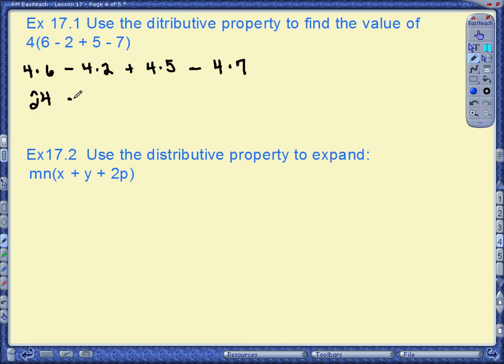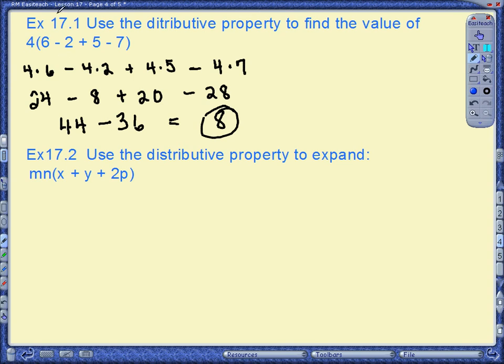So here I have 24 minus 8 plus 20 minus 28. I think I'll add my positive numbers first. 24 and 20 is 44. And my negative numbers next. I'm going to have 36 as a negative. 44 minus 36 is 8.